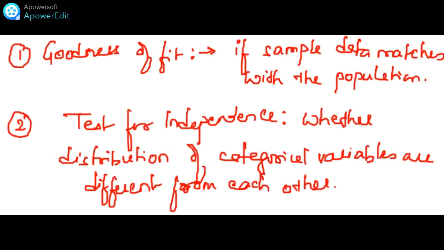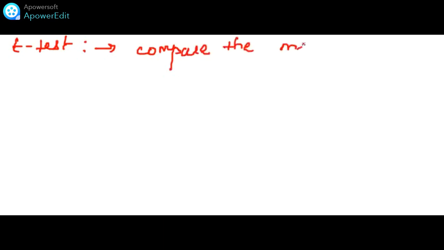Another test I would like to explain is the t-test. What is the t-test? It is used to compare the means of two groups, and this is also hypothesis testing.